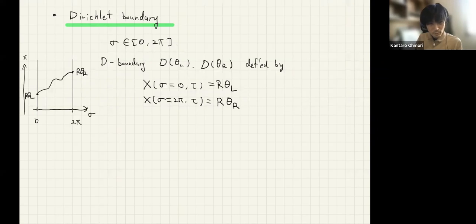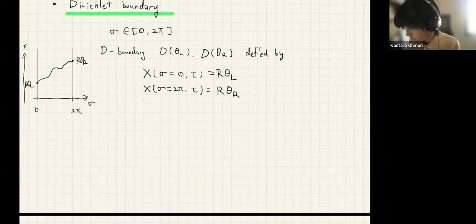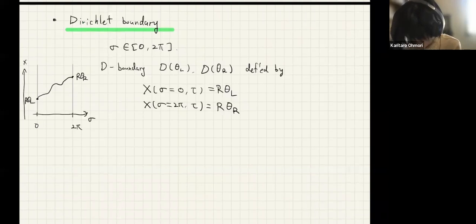So with this boundary condition, the solution to the EOM looks like this.